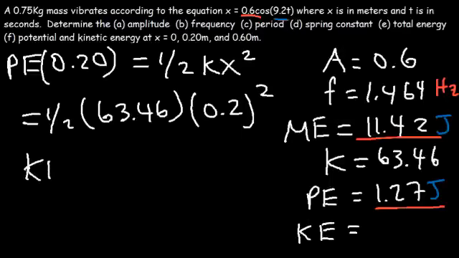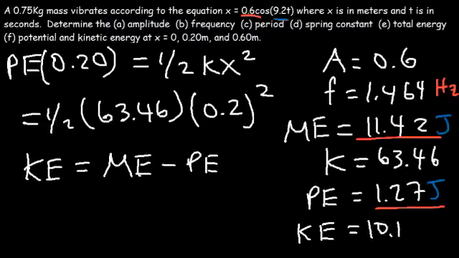The kinetic energy is simply the difference between the mechanical energy and the potential energy. So 11.42 minus 1.27 is about 10.15. So that is the kinetic energy. That's how you can find it the fast way.